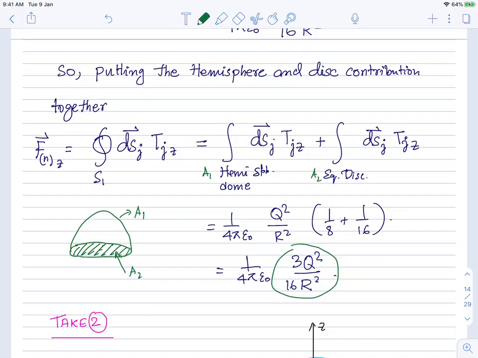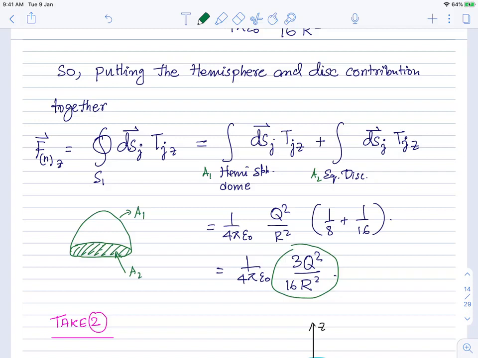Now, from this analysis, you might think that we have to consider a surface that just encloses the current configuration, because this is what it did here. The charge configuration fitted in exactly within the hemispherical dome, and you might think that is necessary, but I have to emphasize that is not necessary.